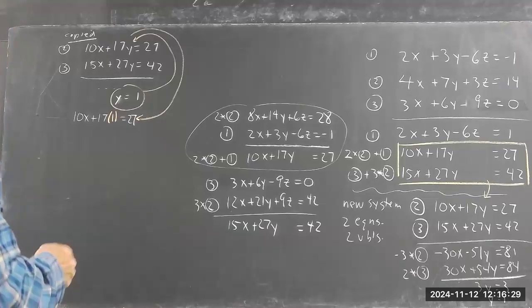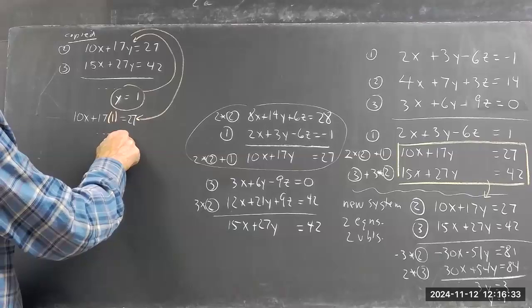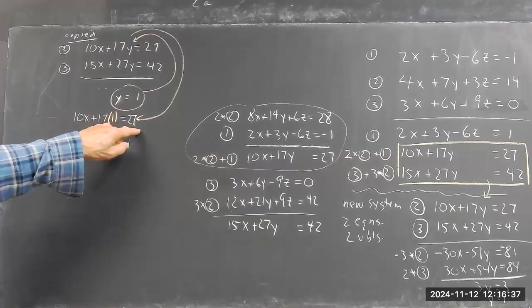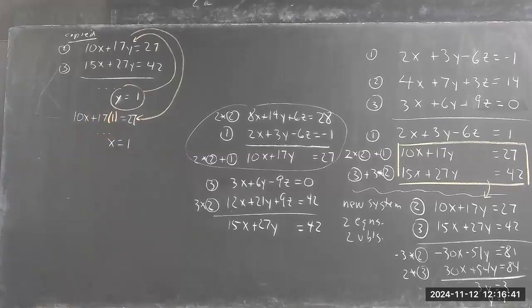And we solve that. Subtract 17 from both sides, we get 10x equals 10, x equals 1.